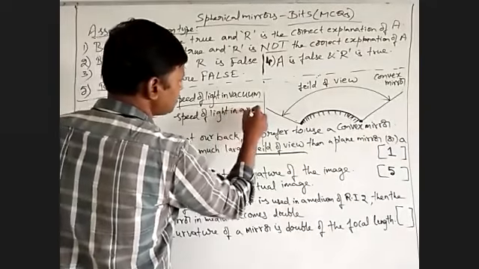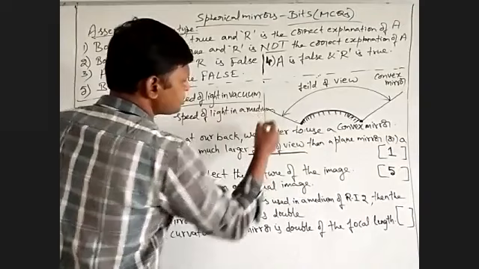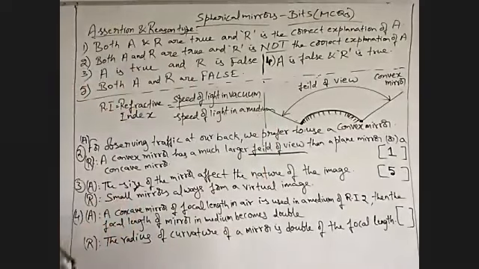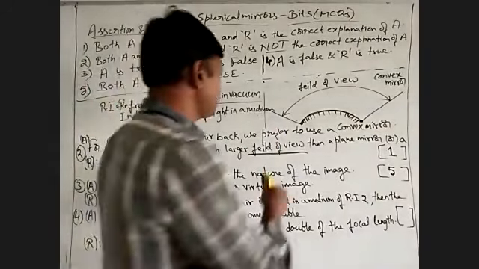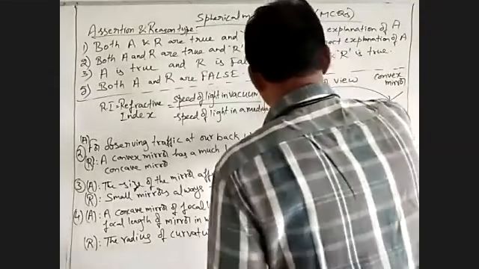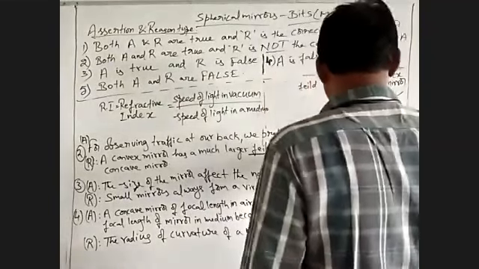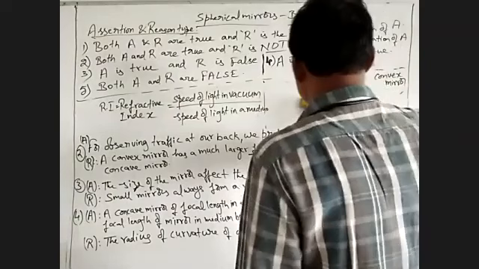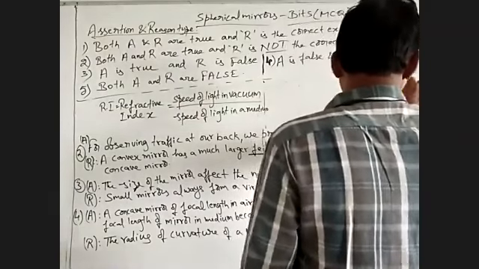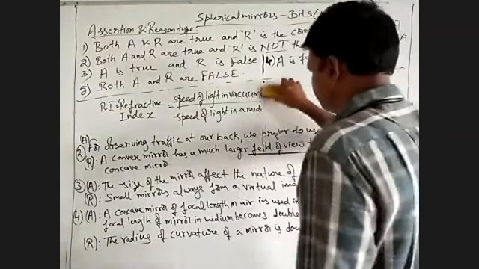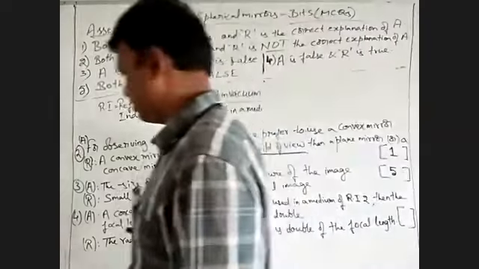A medium means an optical medium, as we discussed that day. It could be solid, liquid, glass, gas, or whatever. We call it an optical medium. So this is the definition.